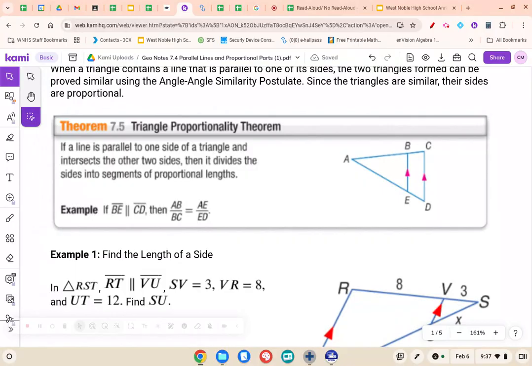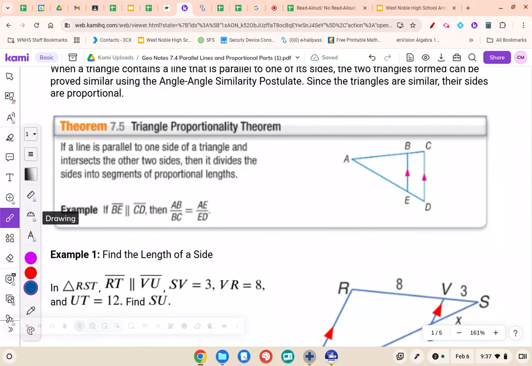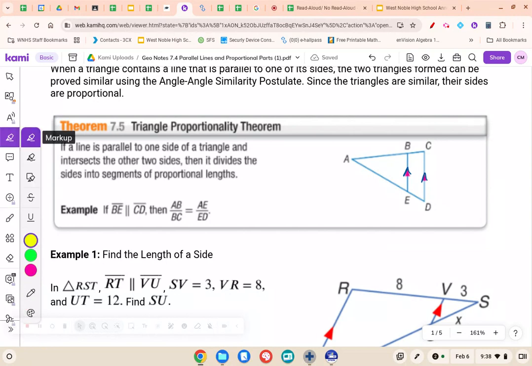So we have these two sides parallel here. They're marked with little triangles. This is dividing the segments into proportional lengths. So we are going to set up a proportion. That is something that we cross multiply to solve. And I'm going to highlight our pieces here.